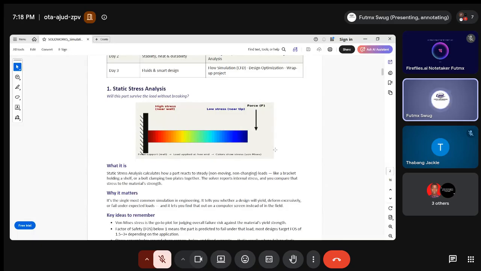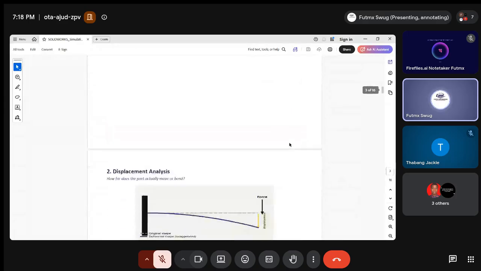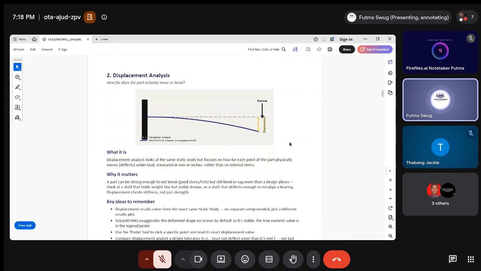There are a lot of other analyses you could do in SolidWorks depending on the case, or should I say the scenario that you are faced with. Basically, I will try to explain each of these analyses. So the second analysis you could do is called the displacement analysis.